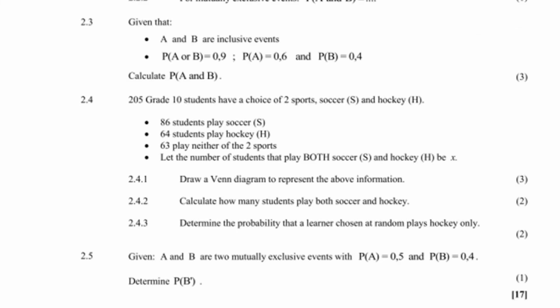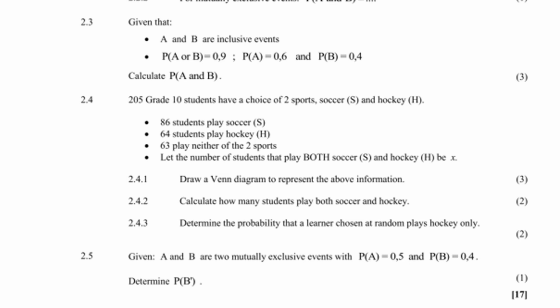So those are events that do not occur at the same time. So we're given A and B, which are mutually exclusive events, with the probability of A equal to 0.5 and the probability of B equal to 0.4. Determine the probability of B complement.